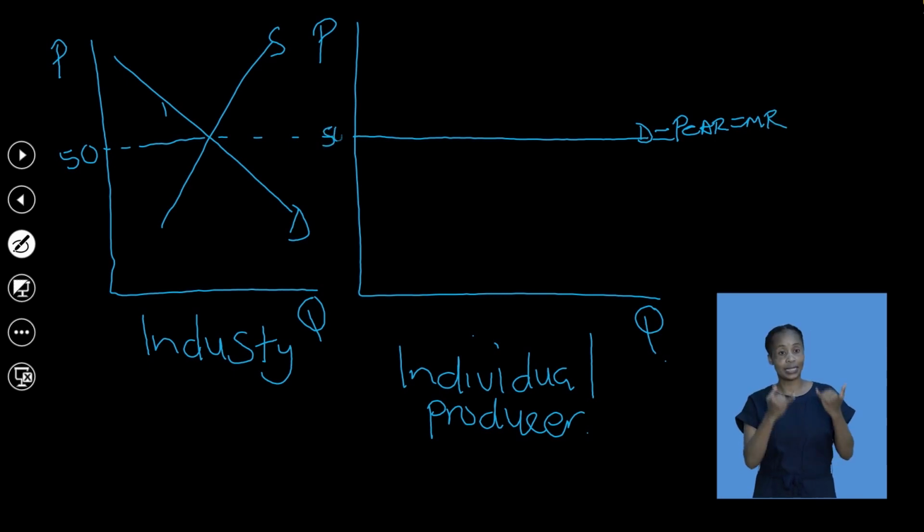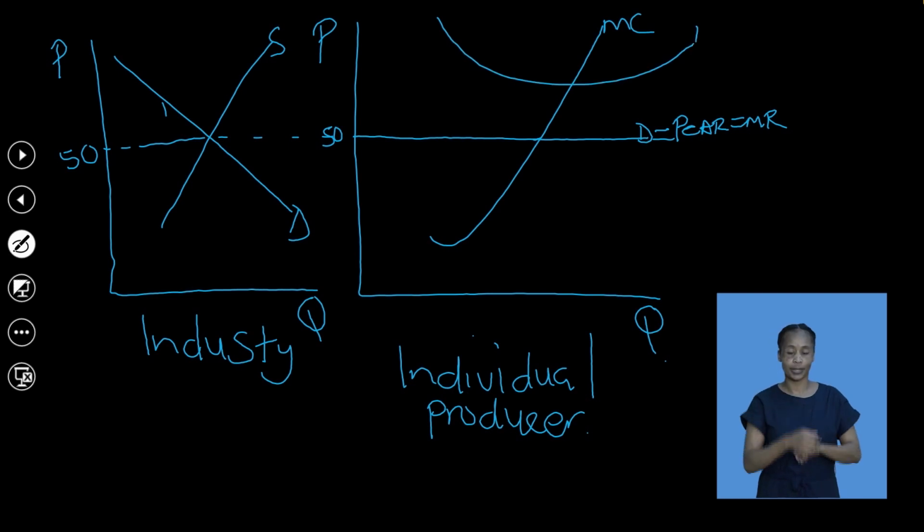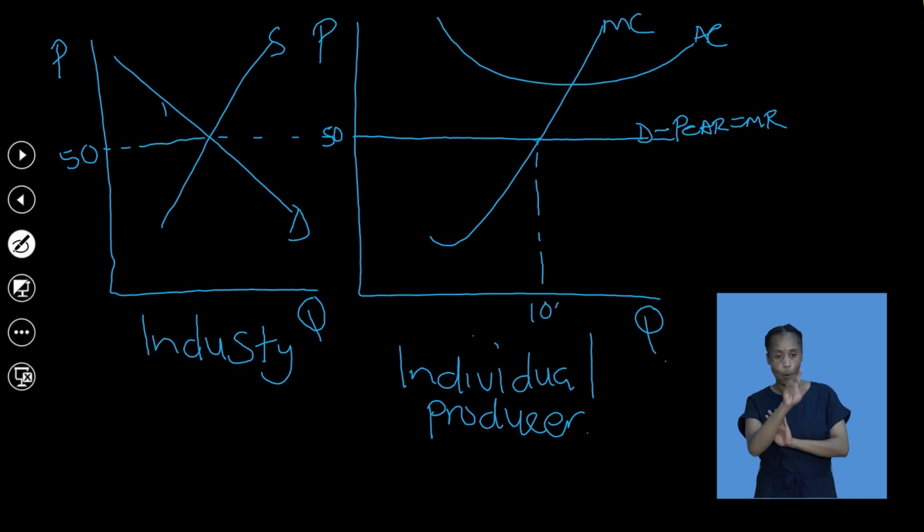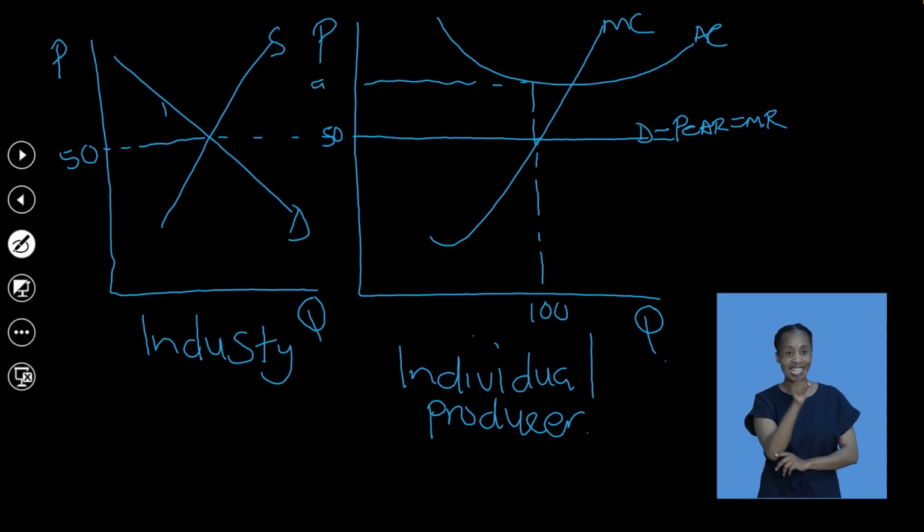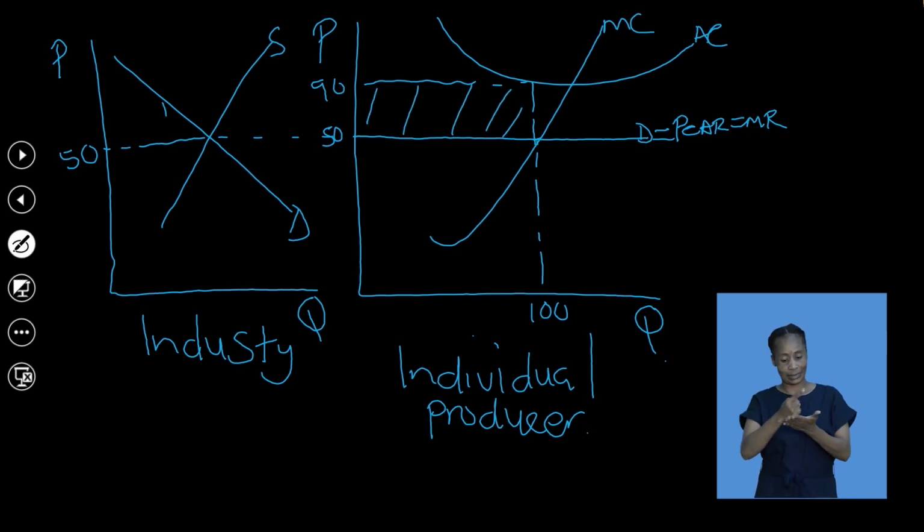I'm reconstructing the graph quickly. This is our profit maximization, and there was our AC. From the equilibrium, we go down, that was 100, and then we go all the way up, and we had 90 there. So this was our loss area, according to the graph that we're discussing.